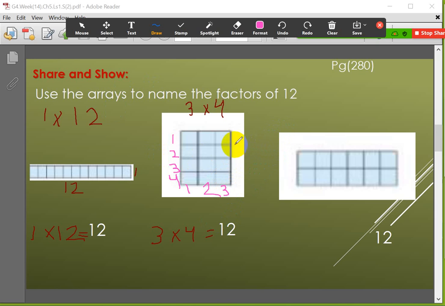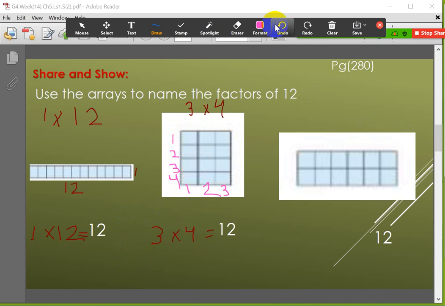Please type only one time. So I have 3 columns and 4 arrows. Now let's count the number of squares here. 1, 2, 3, 4, 5, 6, 7, 8, 9, 10, 11, 12. I have 12 squares. That's why I said 3 multiply 4.